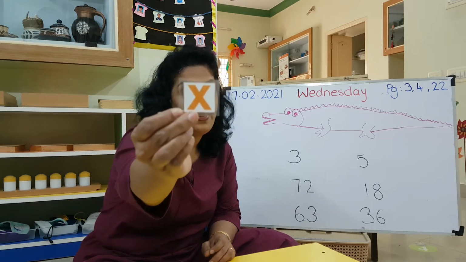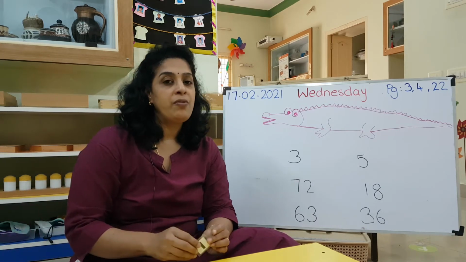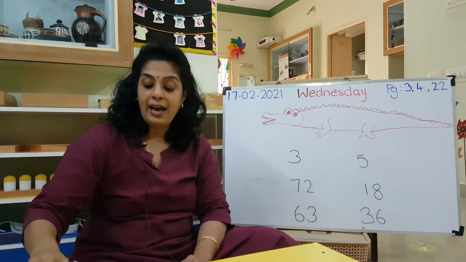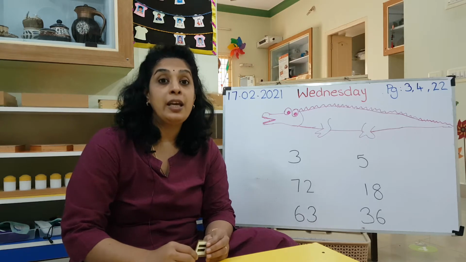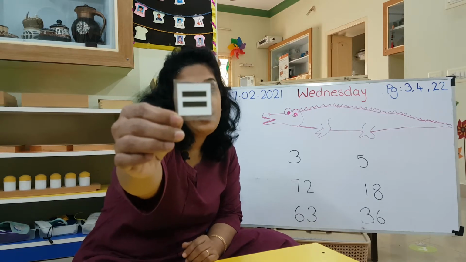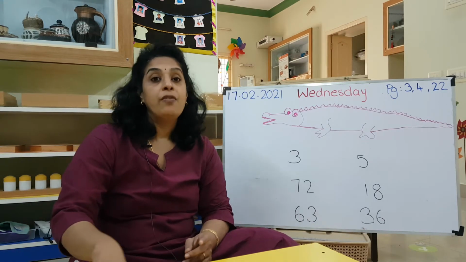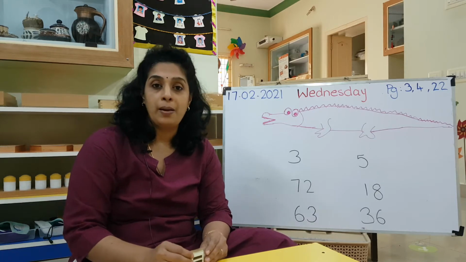This one. Then we did subtraction. What is the symbol for subtraction? This one. And when we write the answers, we write the equals to symbol. So like that, for showing big numbers and small numbers, we have one symbol.